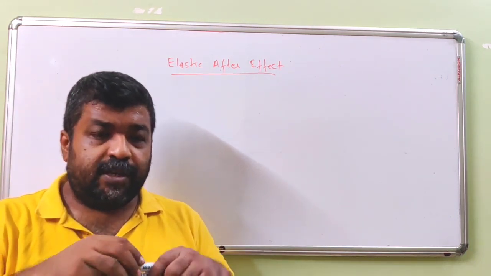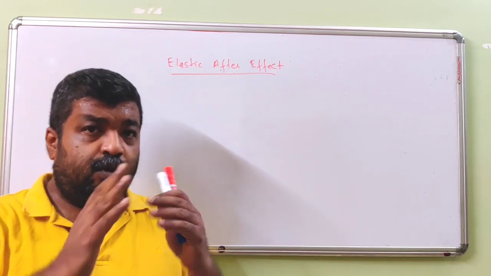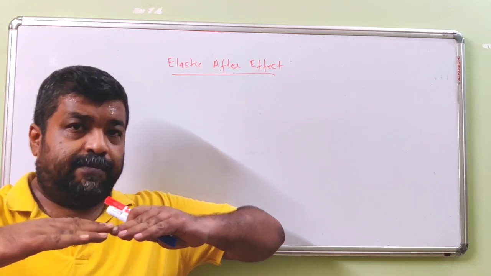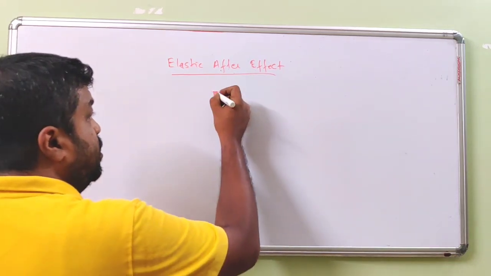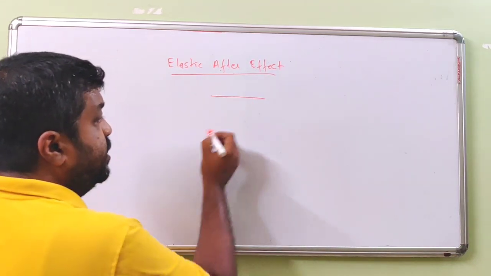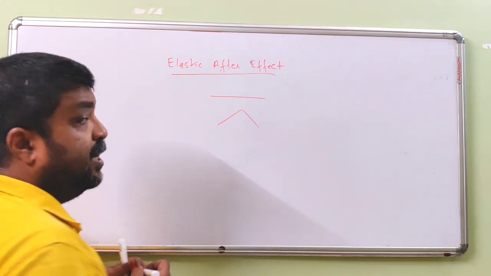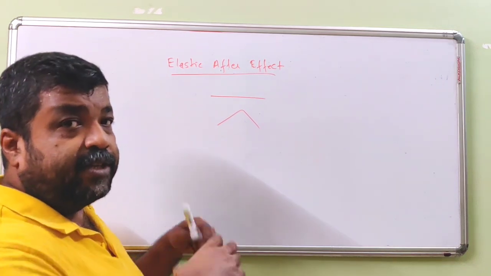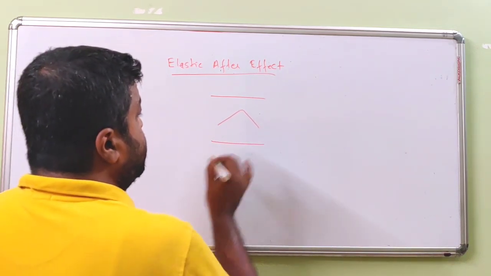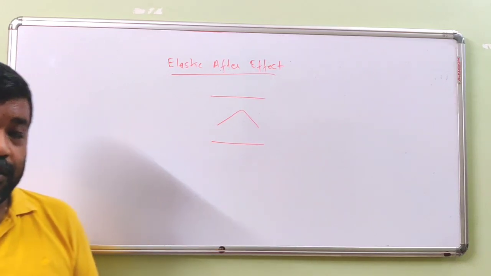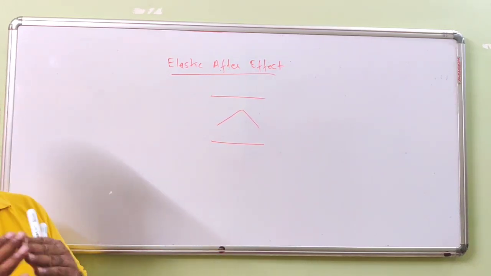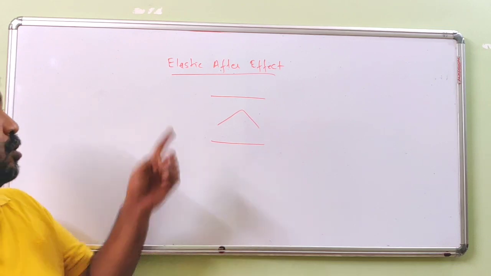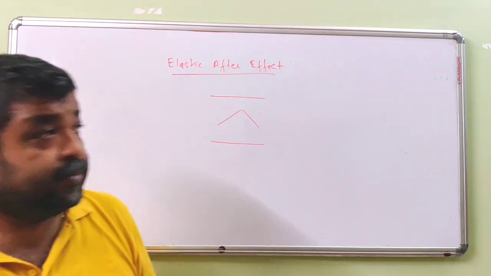If an object is deformed and it regains its original shape after some time, suppose this is an object and it is bent like this by application of external force, and when the external force is removed, it slowly acquires its original shape. This slow process of regaining the original shape is called elastic after effect.